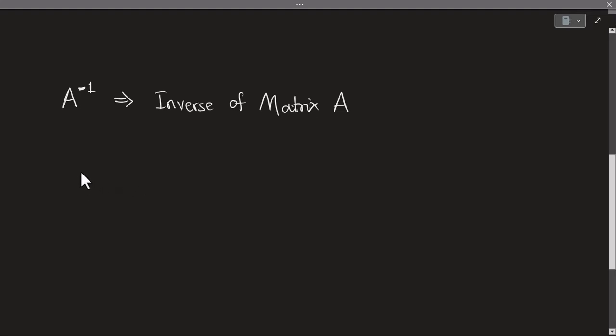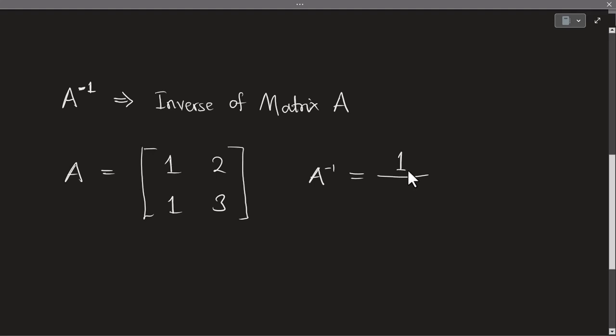So if we're given a matrix, for example, A is equal to a very simple matrix, let's say we have 1, we can put a 3 maybe there so that the numbers are not so much the same. If we have a matrix A, finding its inverse, we will need the determinant, and then you are supposed to multiply this determinant by the adjoint.